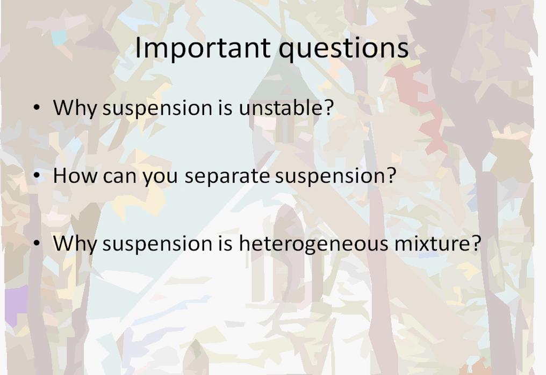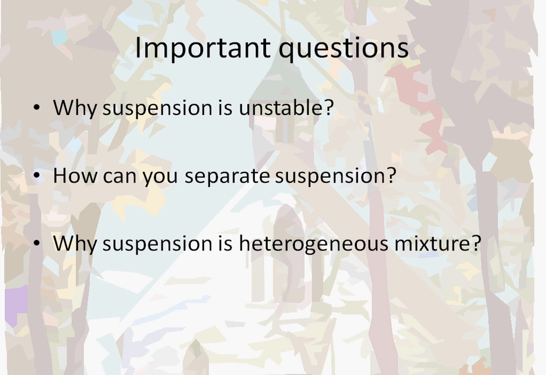The reason is, since the particles of suspension are quite big, they cannot remain in suspension state for a long time. So if we allow a suspension to stand undisturbed for some time, then the particles separate out from the liquid and settle down at the bottom of the container.